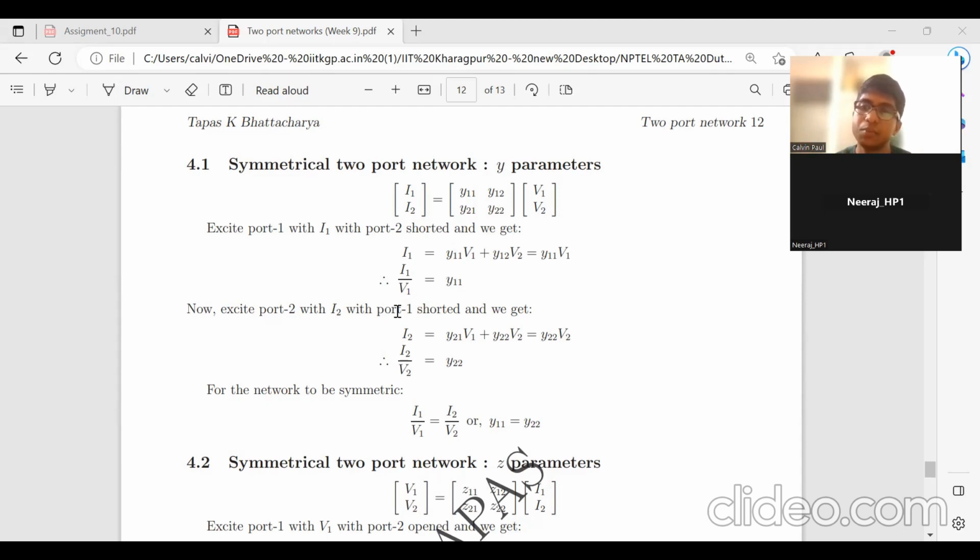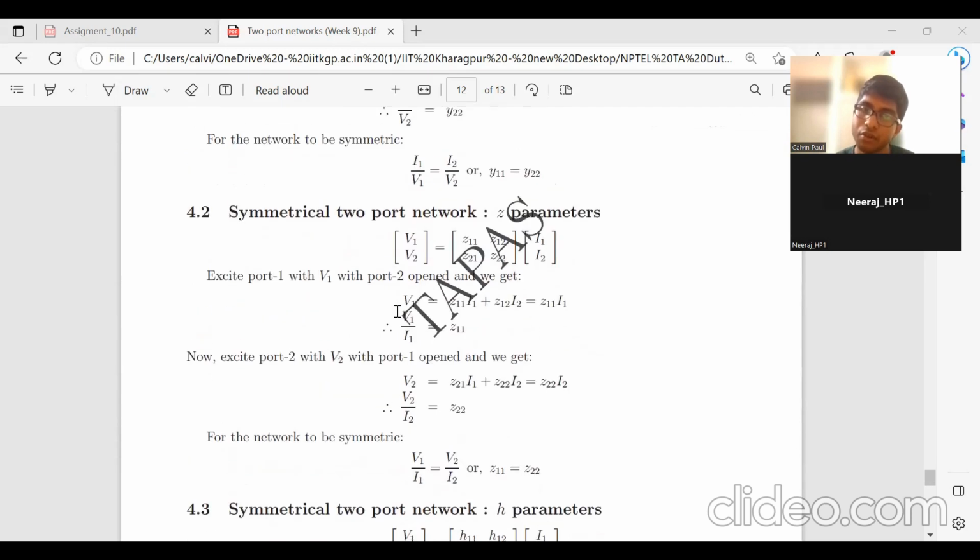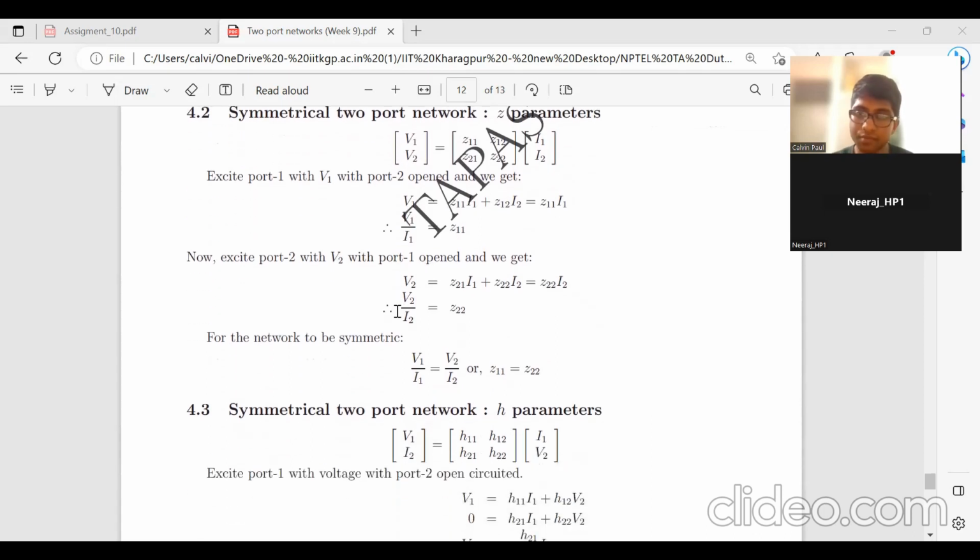When we interchange the ports, when port 2 is made the input port and port 1 the output port, then port 1 also has to be shorted. So the load condition also should remain the same. Similarly, for Z parameters, V1 is applied and port 2 is open. And when port 2 is the input, we apply V2 and port 1 is open.